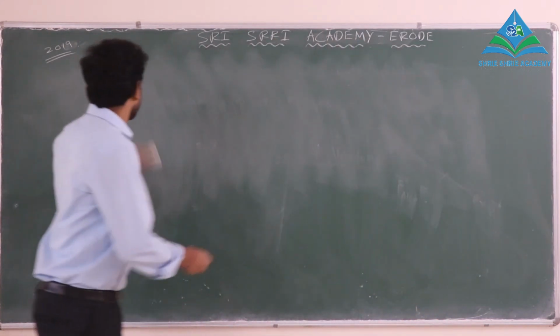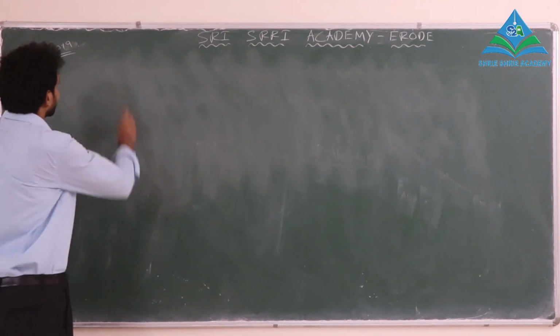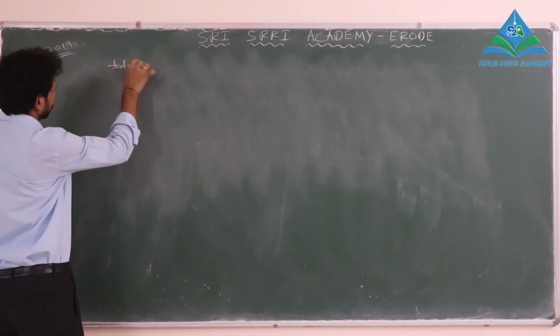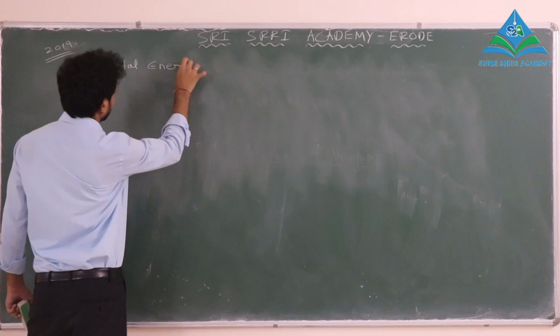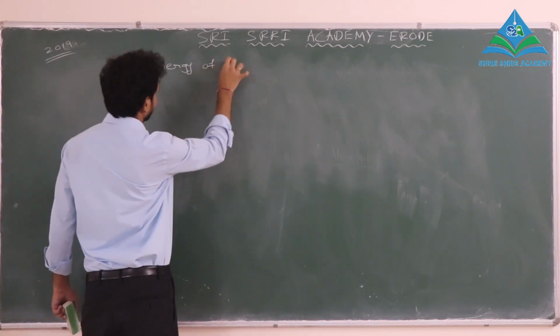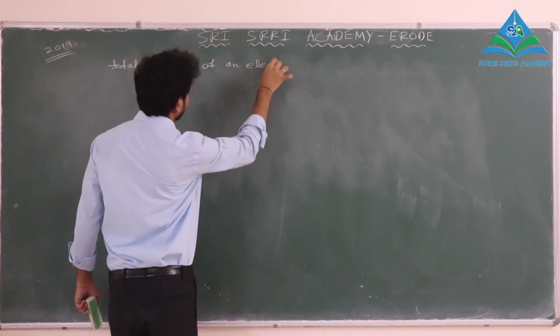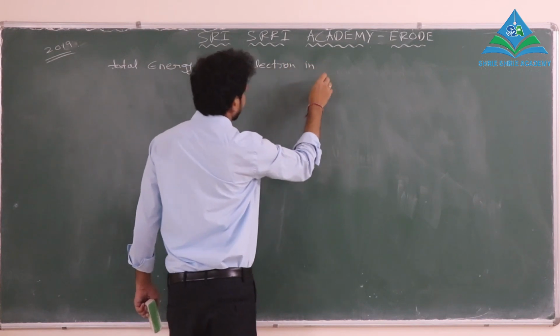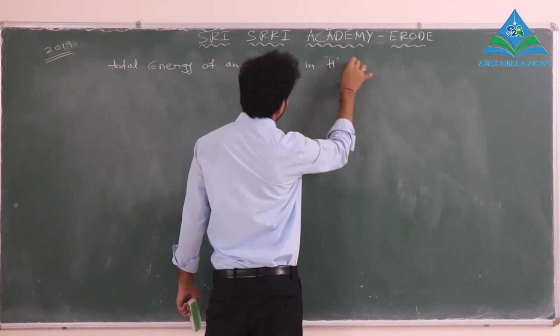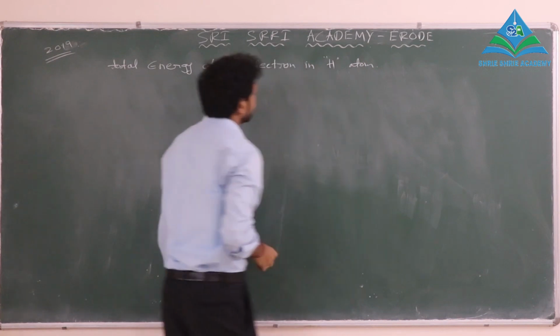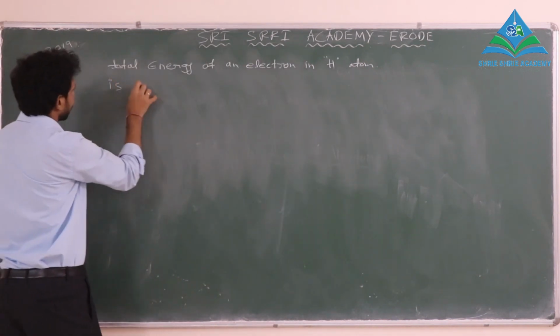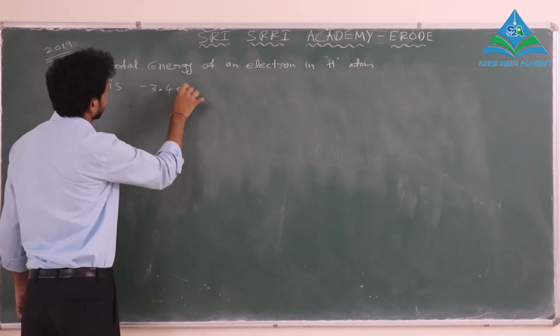The question is, the total energy of an electron in hydrogen atom is minus 3.4 electron volt. This is the data.